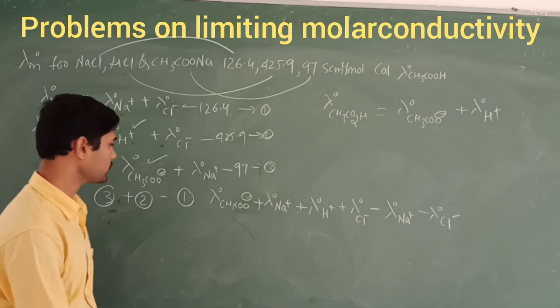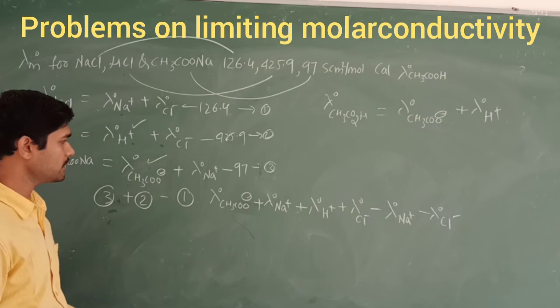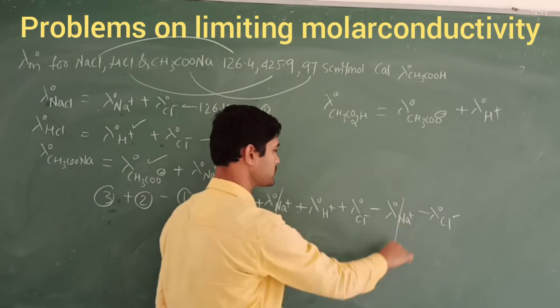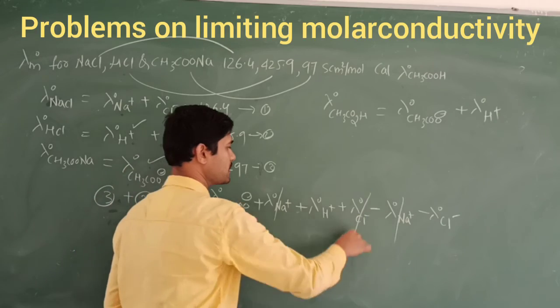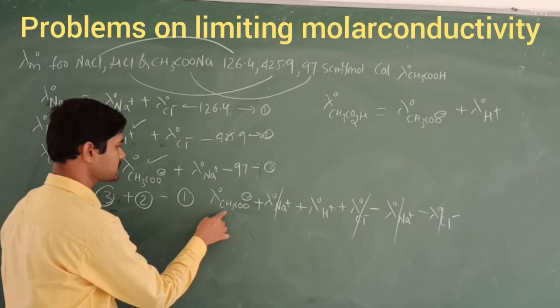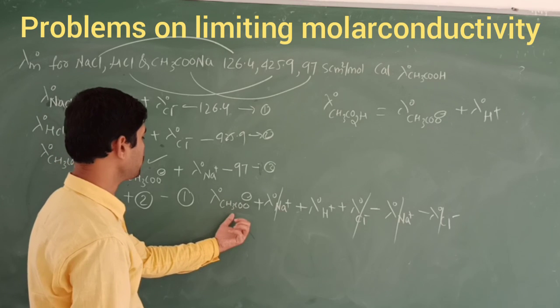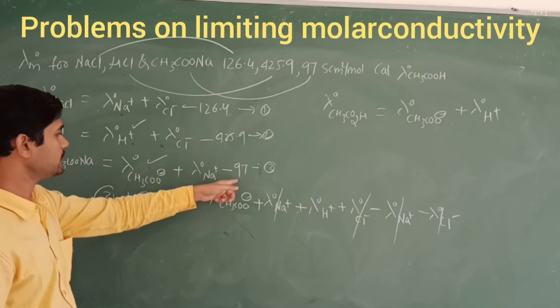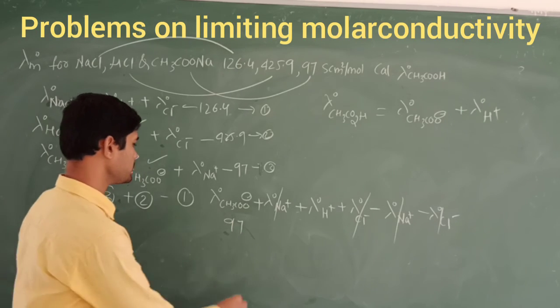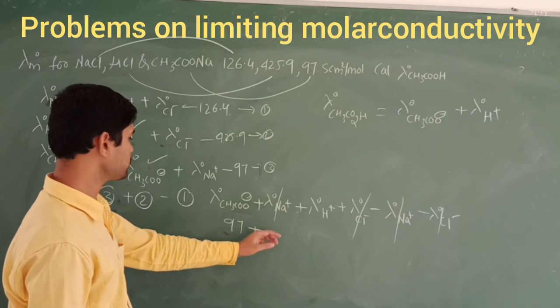So it is a simple calculation here. What is going to be cancelled? The molar conductivity of Na⁺ and Na⁺ will cancel, and Cl⁻ and Cl⁻ will cancel. What is remaining? Acetate ions, how much will be the value? That is 97 S cm² per mole, plus, and what about H⁺ and Cl⁻?